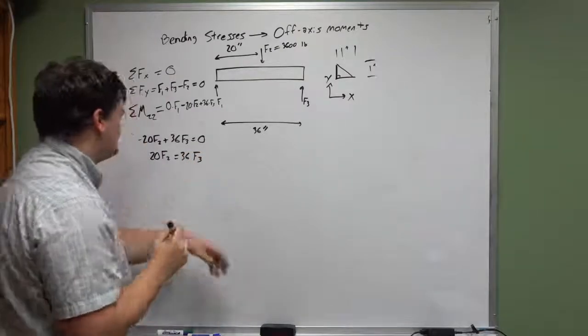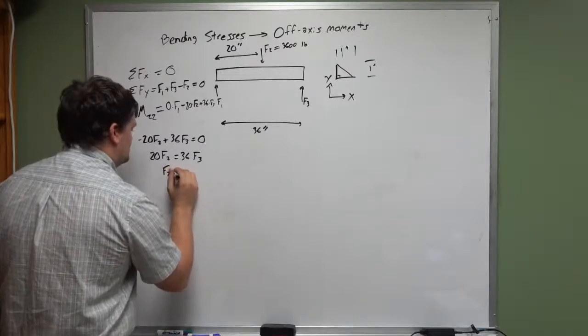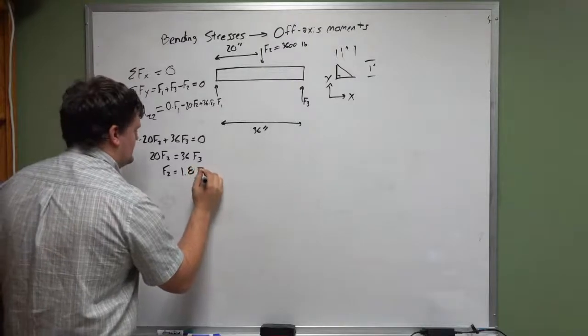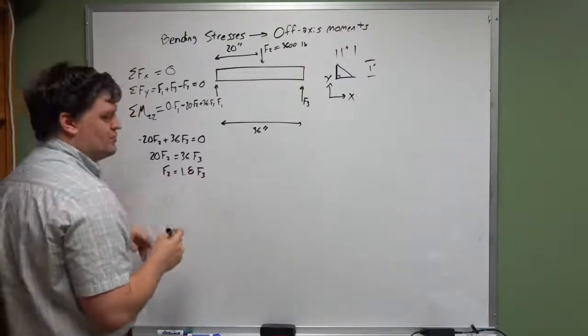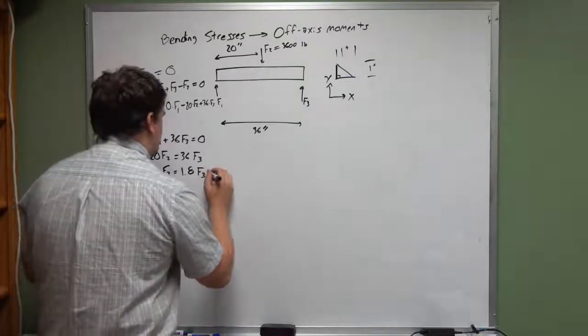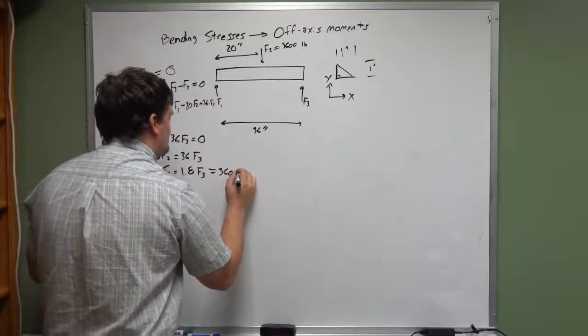Well, you divide both sides by 20 and F2 is equal to 1.8 times F3. Or F2 divided by 1.8 equals F3. So this is going to be equal to, we know F2 is equal to 3,600 pounds.